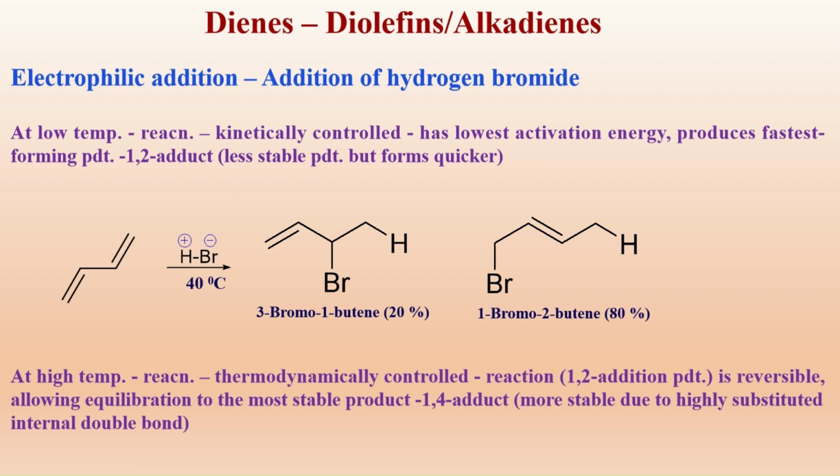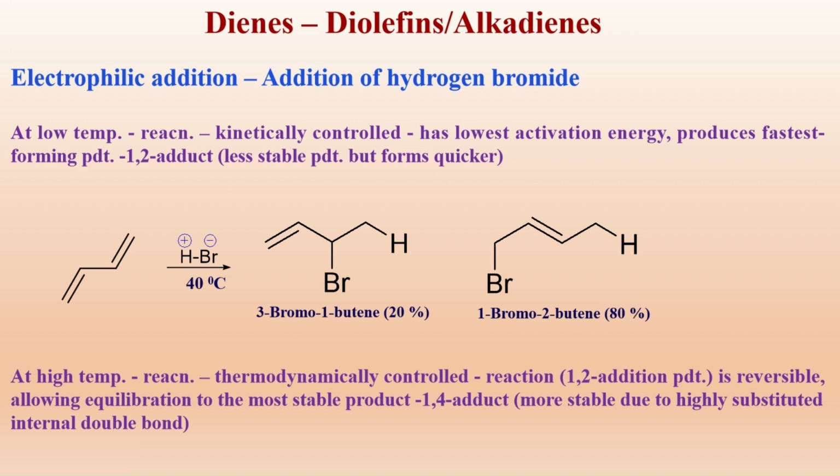Whereas at higher temperature, dynamicity is increased. The secondary carbocation, which is formed as an intermediate, gets converted into a primary carbocation because of resonance stabilization. Resonance increases at higher temperature. It is highly energetic, and hence the 1,4 addition product predominates.